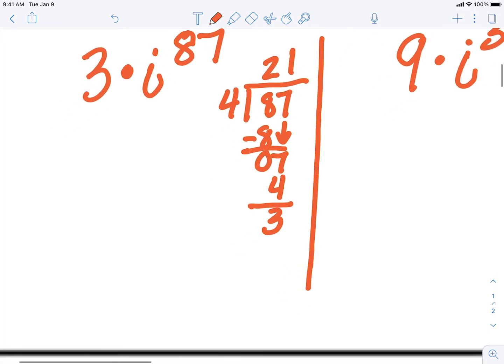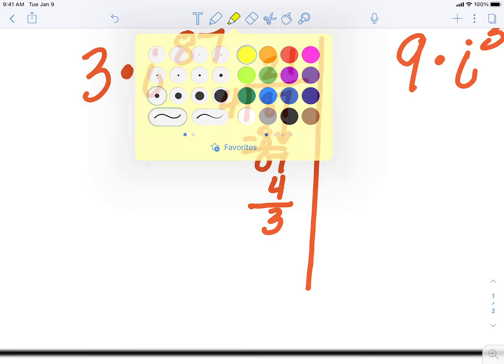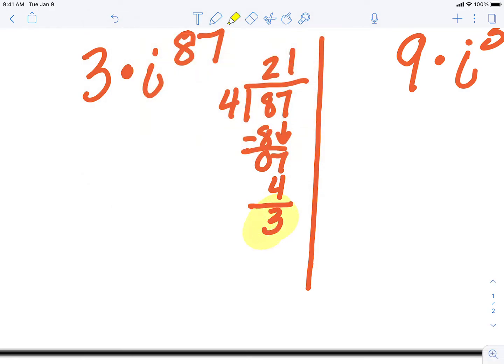So this 3 here is my new exponent. So this i to the 87 has become i to the power of 3. I got that from this exponent right here. And using my imaginary key, I know that i to the power of 3 is negative i.